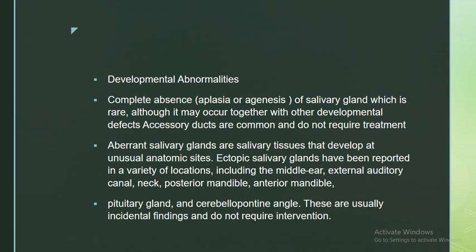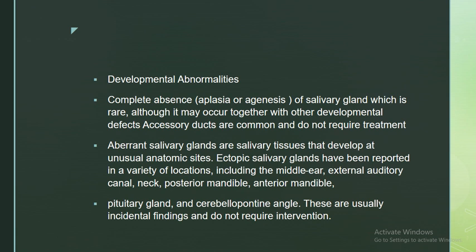The second topic is aberrant salivary glands, which are salivary tissues that develop at unusual anatomic sites. Ectopic salivary glands have been reported in a variety of locations. For example, in the middle ear we find glandular tissue, or the external auditory canal, the neck, the posterior mandible or the anterior mandible, the pituitary gland and cerebellopontine angle.